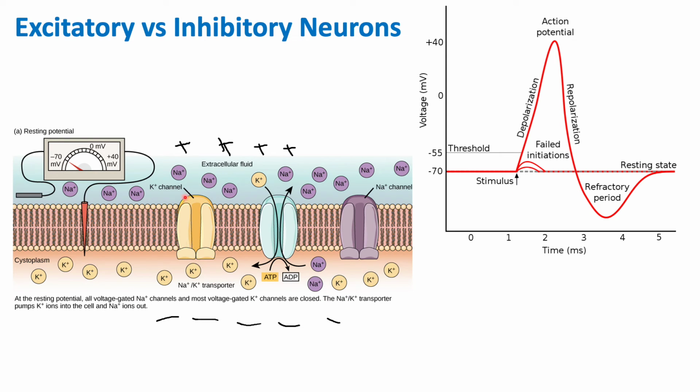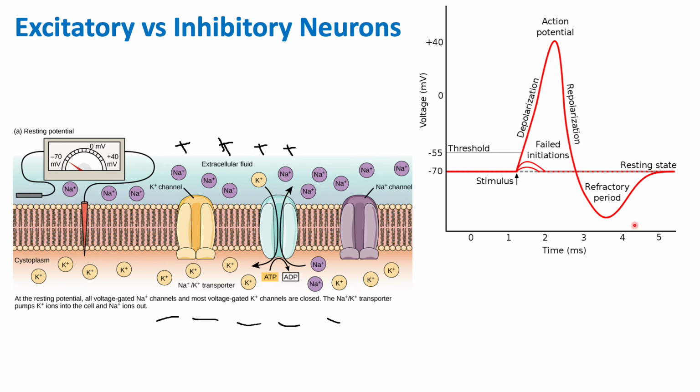The potassiums move out because we can see over here that we have a lot of positive charge when those sodiums come in. When those sodiums are coming in and the cell is depolarizing, we have a lot of positive charge, and the potassiums will then want to leave. When the potassium leaves, that's our repolarization event. And the potassium channels are very slow to close, so we have too much potassium leaving.